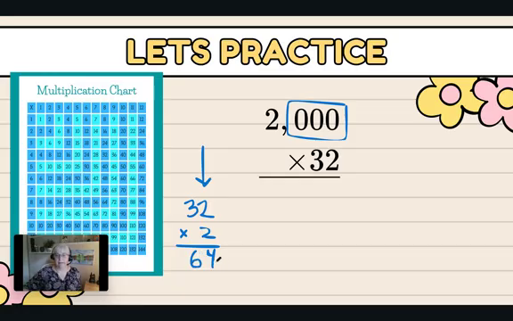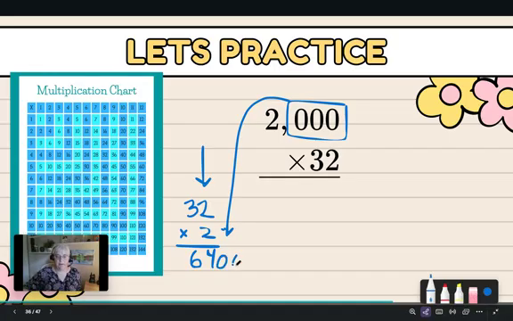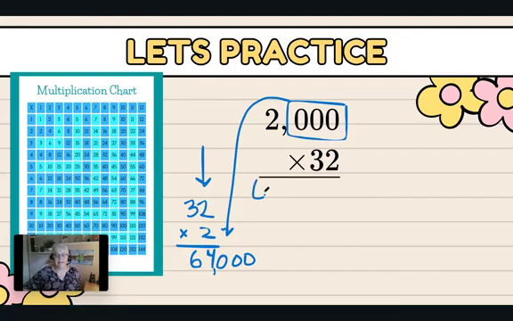We are not done. We need to bring the zeros in. And there are 3 of them. So let me put in 3 zeros. The answer to 2,000 times 32 is 64,000. This is showing my work.